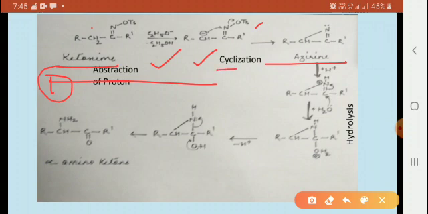Now the second step is cyclization or formation of azirine.